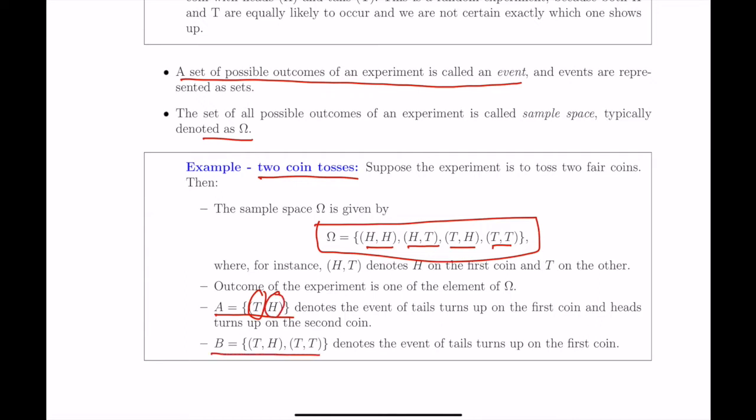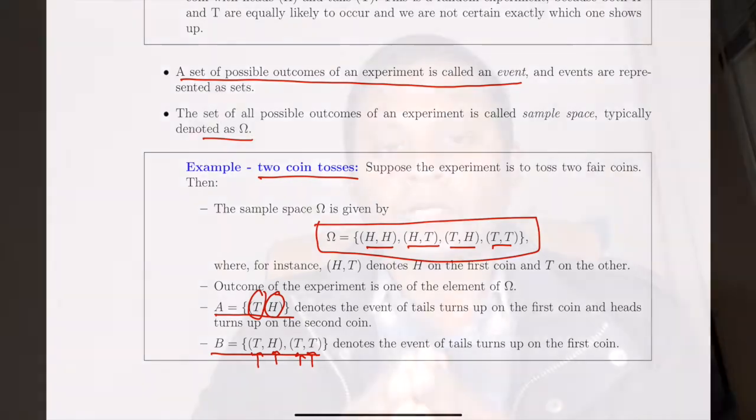Take event B where it consists of two possible outcomes. One is tail and head and tail and tail. So we say that event B occurs if one of these outcomes shows up. We understand how sets can be useful for representing events.